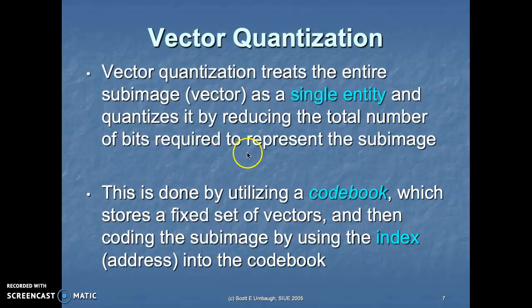VQ treats the entire sub-image as a single entity and quantizes it by reducing the number of bits required to represent the sub-image. This is done by utilizing a code book, which stores a fixed set of vectors, and then coding the sub-image by using an index, which refers to the address in the code book.